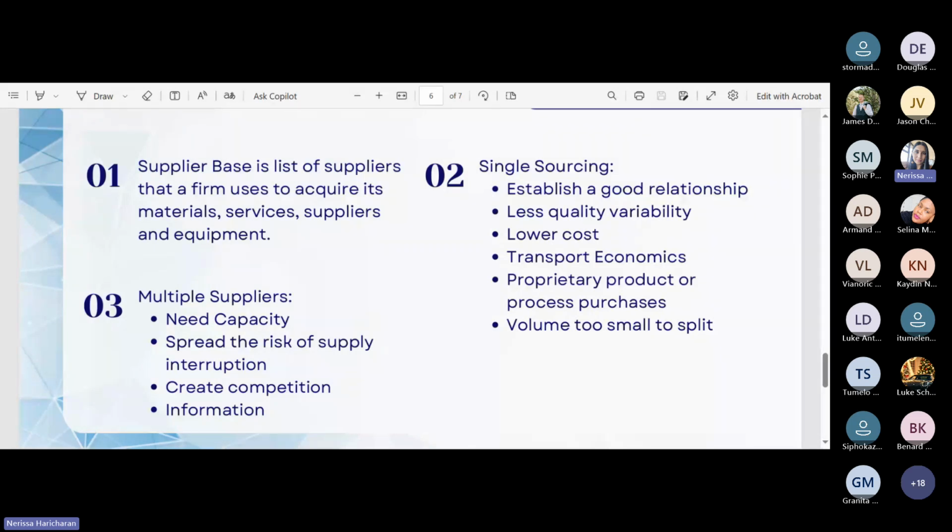And then we have the last one, which is that multiple suppliers usually have more information, especially when it comes to what the market is and how market conditions are going, and whether there is any new product development. So remember, different suppliers work differently. Supplier A, for instance, may look at everything from a local perspective.